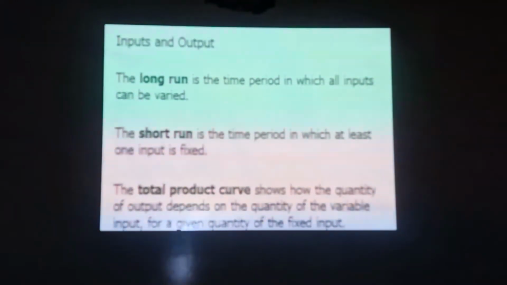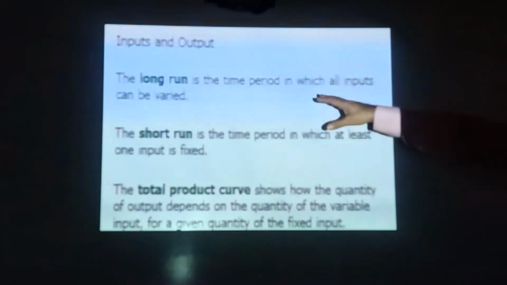The long run inputs and the outputs. The long run is the time period in which all inputs can be varied. These are the different time periods available to producers, depending on the nature of the firm. Sometimes a short period is a long period for a firm, so it depends on the nature of the product.